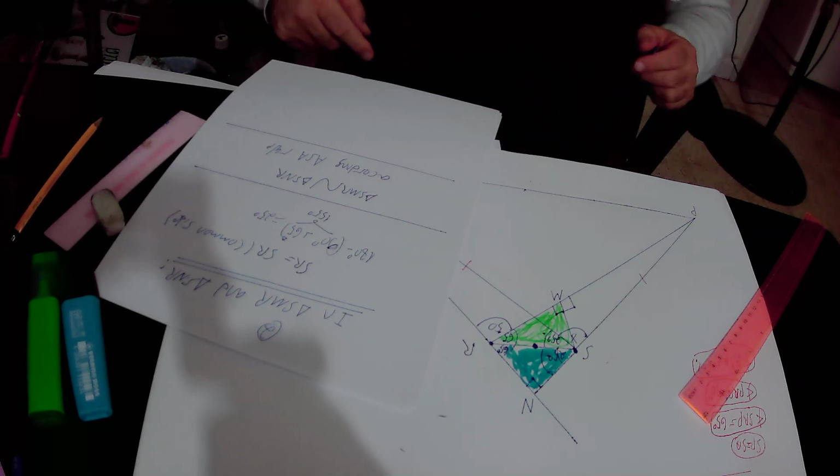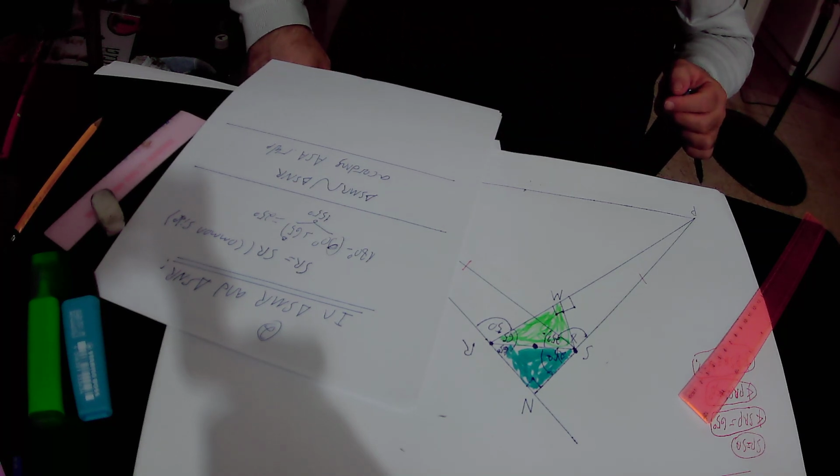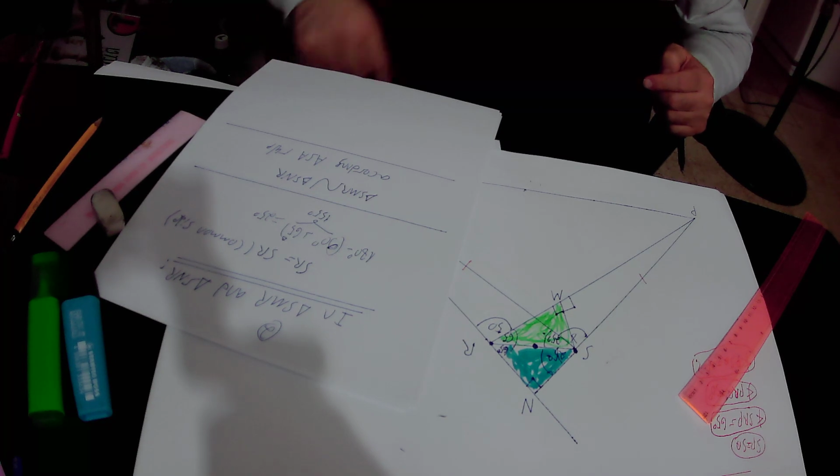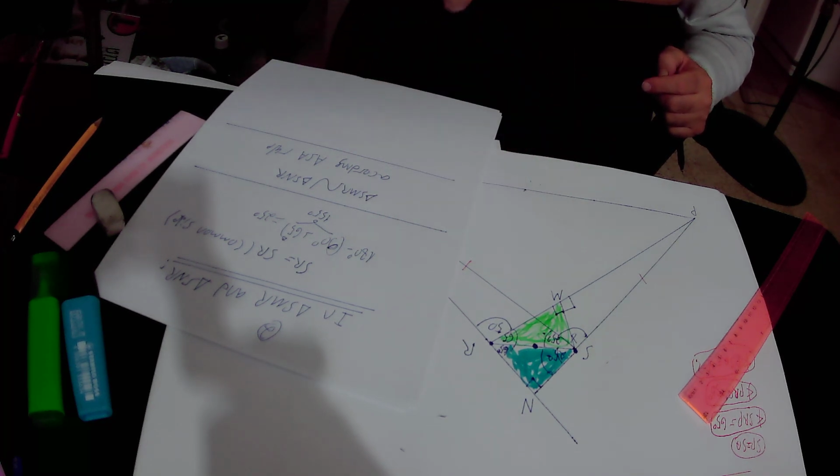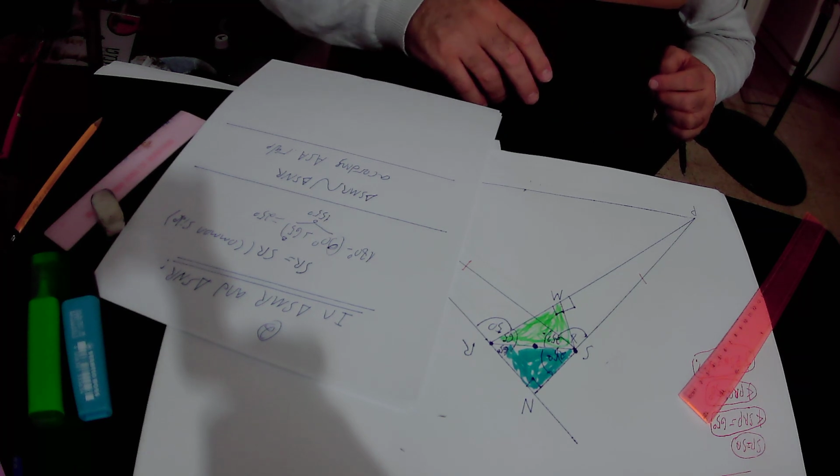Therefore, we proved more than what is needed. And anyway, we proved that the green triangle is congruent to the blue triangle according to angle side angle rule.